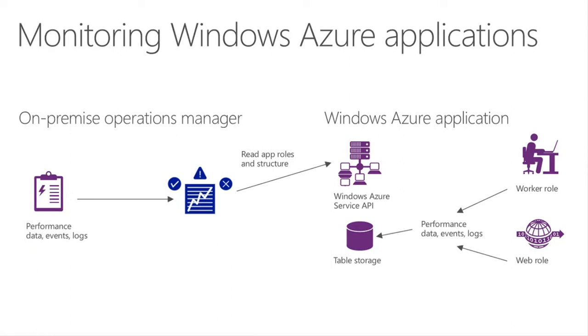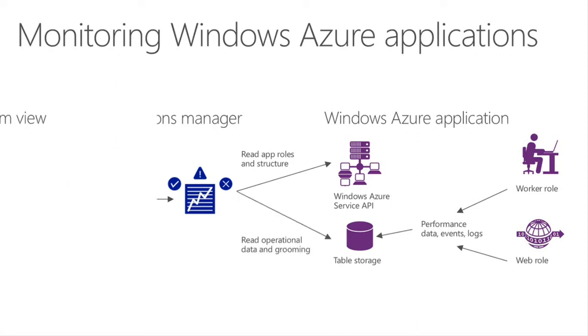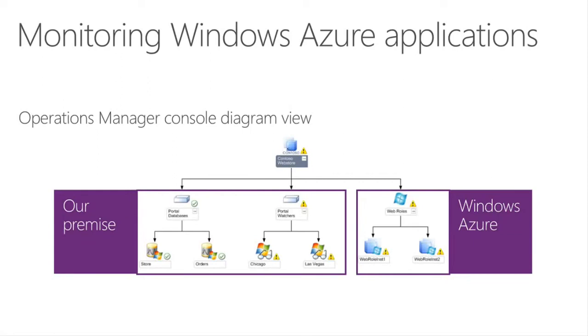So what we have here is Ops Manager on the left-hand side, reading all that structure in a dynamic fashion, using the management pack of the Windows Azure application, and then getting all the performance data, event logs, and so forth back through that table storage mechanism. What this means is the Operations Manager console diagram view can now cover both the on-premise information as well as the Windows Azure application roles that are out there and what their current performance status is.